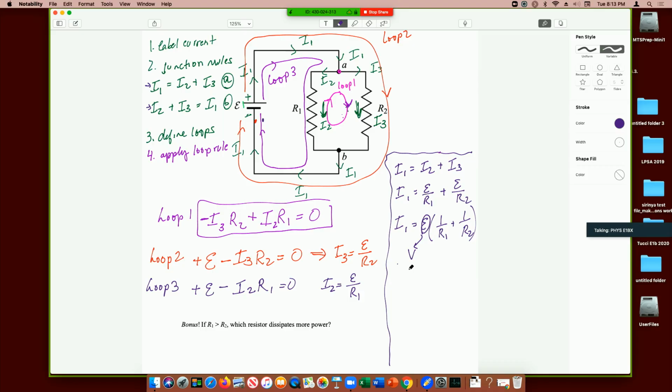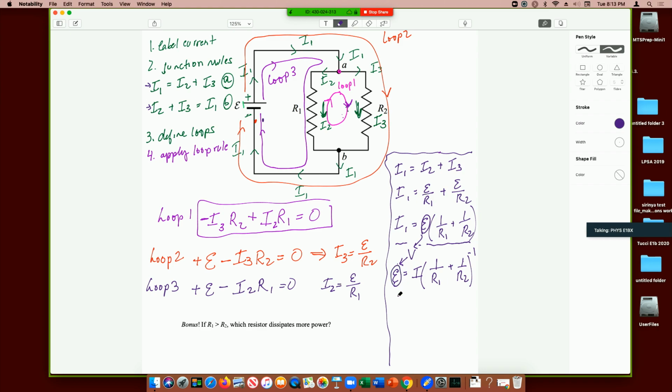Adding resistance in parallel. All I have to do is manipulate this equation a little bit. I'm going to rearrange it so that E, which is just V, equals the current times 1 over R1 plus 1 over R2 to the negative 1. Because I flipped it so that I could solve for voltage.